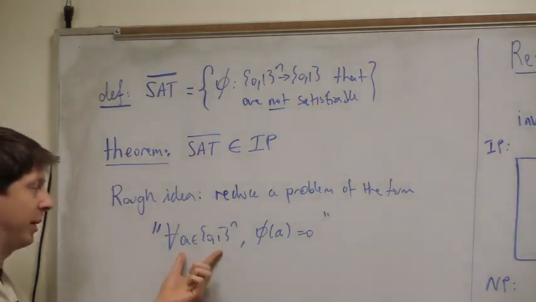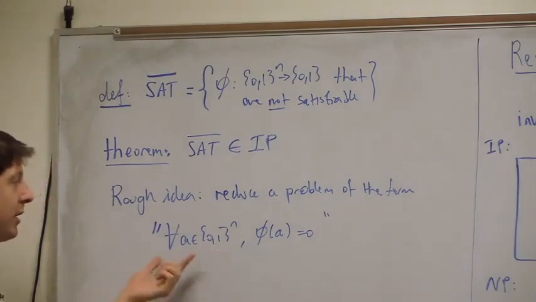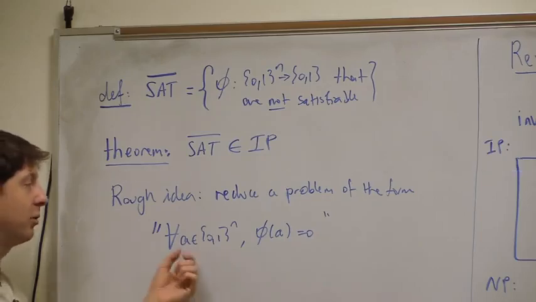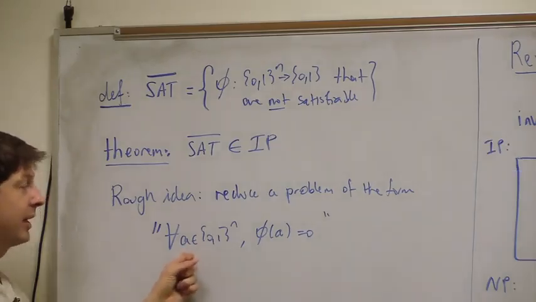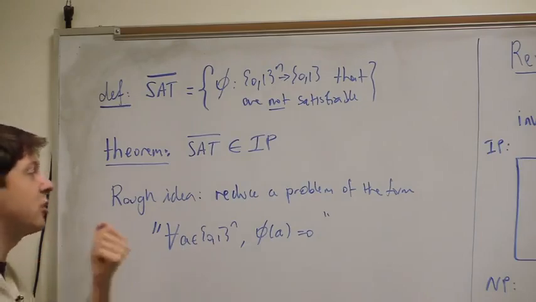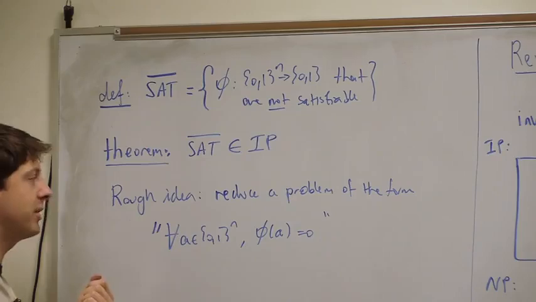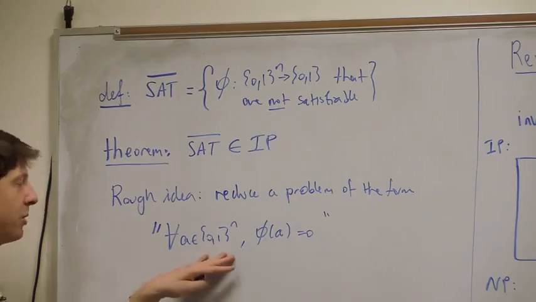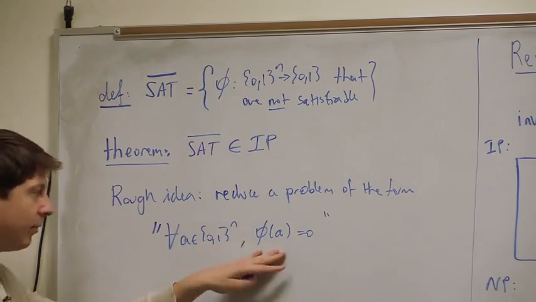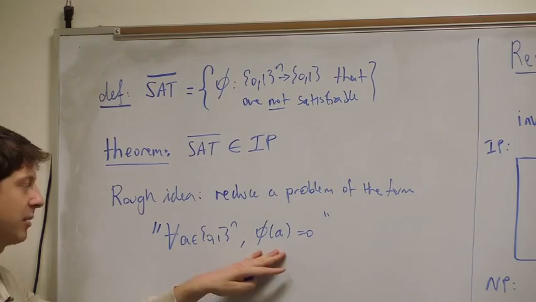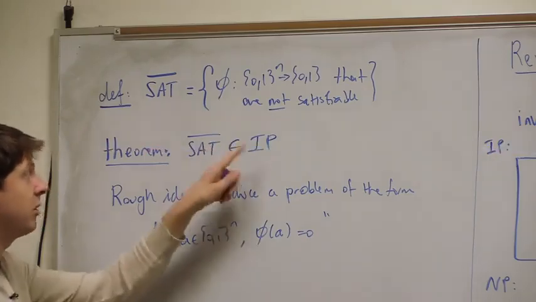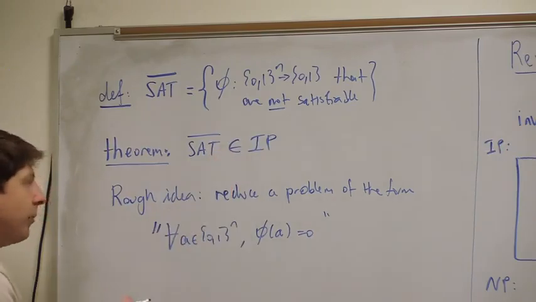It seems very far from NP. How could you imagine that this problem is in NP? It's not like SAT, where you're trying to find one thing that satisfies. Here you want to check that all possible assignments do not satisfy the formula. There seems to be no NP proof, but there is going to be an interactive proof for that.